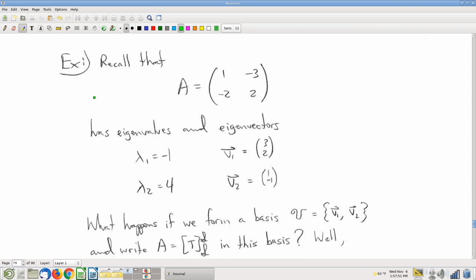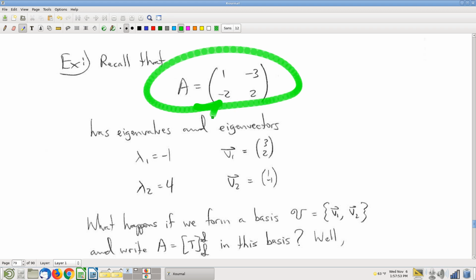Okay, so here's a matrix A. By the way, we're going to do a lot with this matrix. You might even recognize it. This is the same matrix for which we've already found the eigenvalues and the eigenvectors.